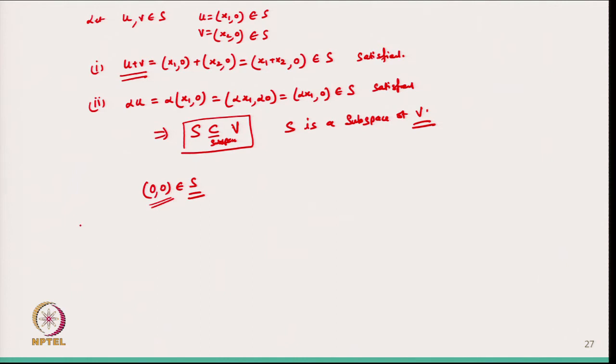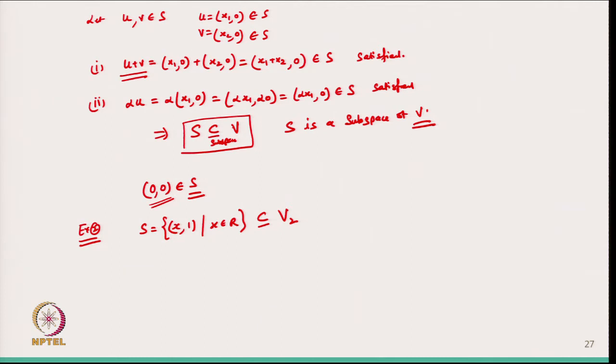For example, I take another example in the same way. I take x here, and the other element I take as 1, where x belongs to R. I know that this is also a subset of V2, which I have defined. Now, I want to check whether it is a subspace or not.